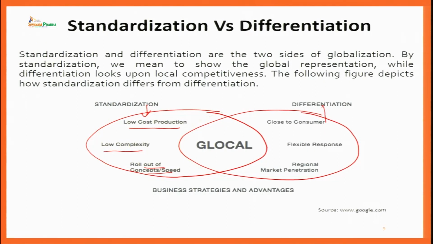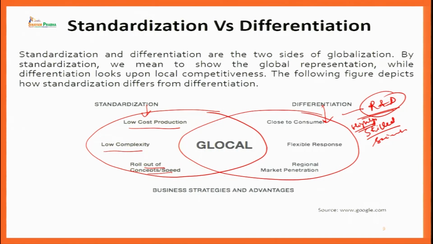Whereas in the case of differentiation, you have to invest heavily in R&D. You need to have highly skilled people in your organization, not just skilled, highly skilled people, and the scientists you need to do R&D for you, to help you come up with new creations, inventions, and new patents for your organization, right?